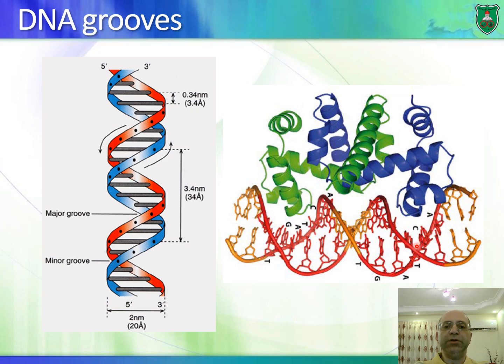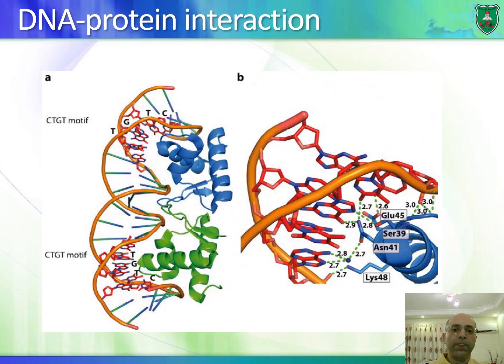This specific interaction is very important as well when we start talking about replication and transcription and so on. So the importance of the major groove is that it facilitates interaction with proteins. Again, you have this interaction right here.